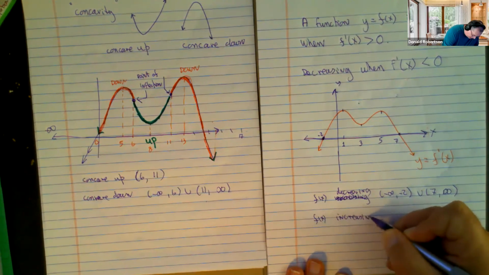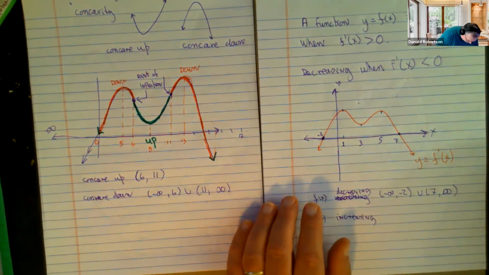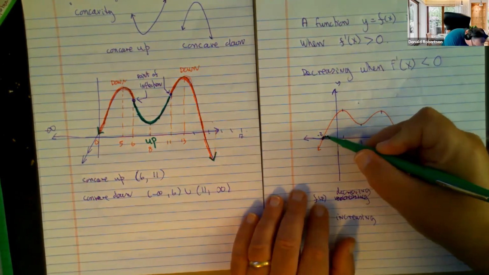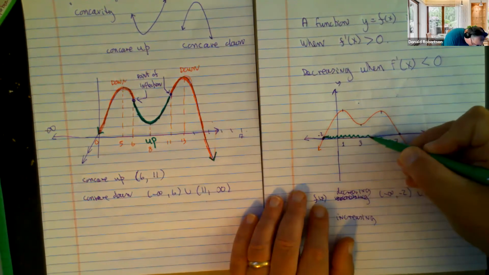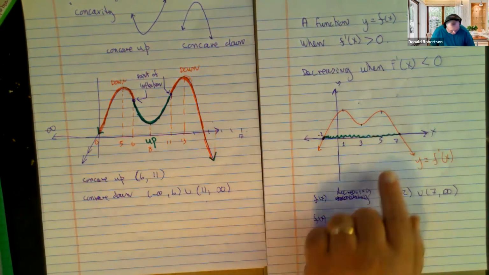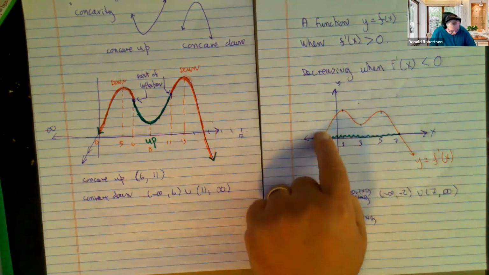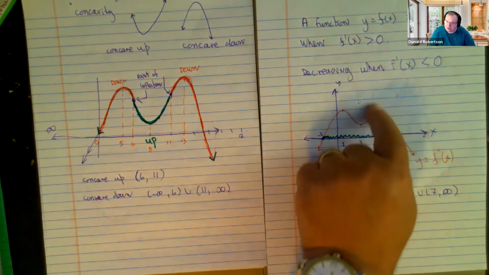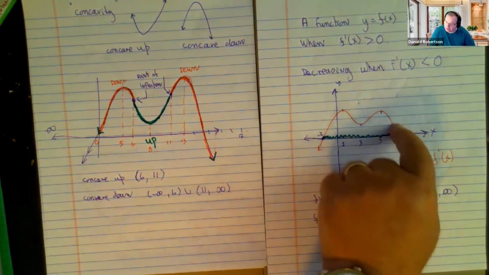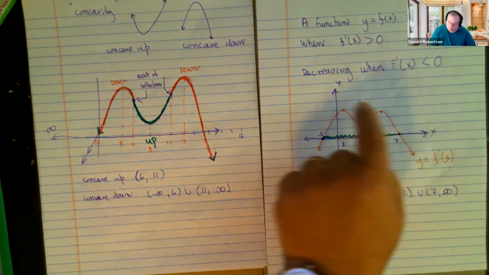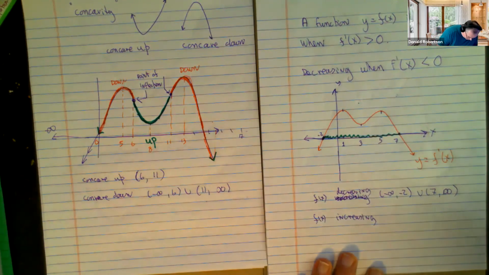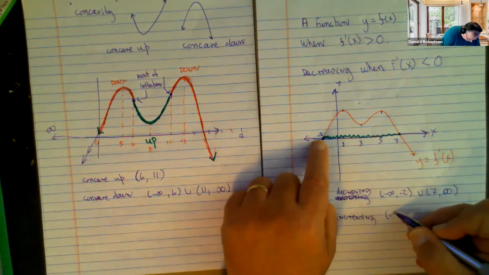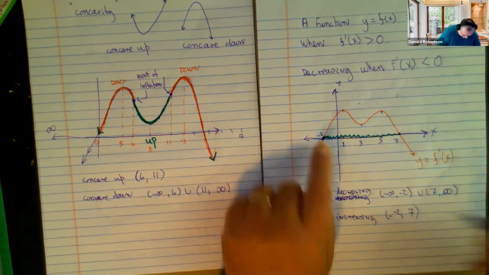This function will be increasing, essentially, for any value of x between here all the way to here. And why? Well, if the curve is positive, which it is here, doesn't that make the derivative positive? And the derivative positive means it's increasing. So that would be from -2 to 7.